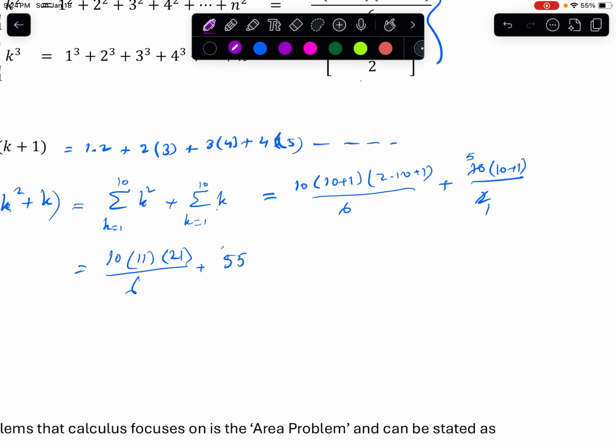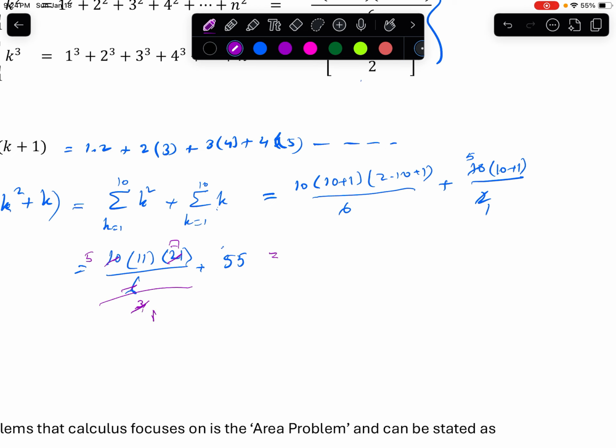So this expression, 2 goes into 6 3 times, and 2 goes into 10 5 times, and 3 goes into 21 7 times. So I am left with 3 into 7, 5 into 7 into 11 over 3. No, nothing at the bottom. Bottom is 1.